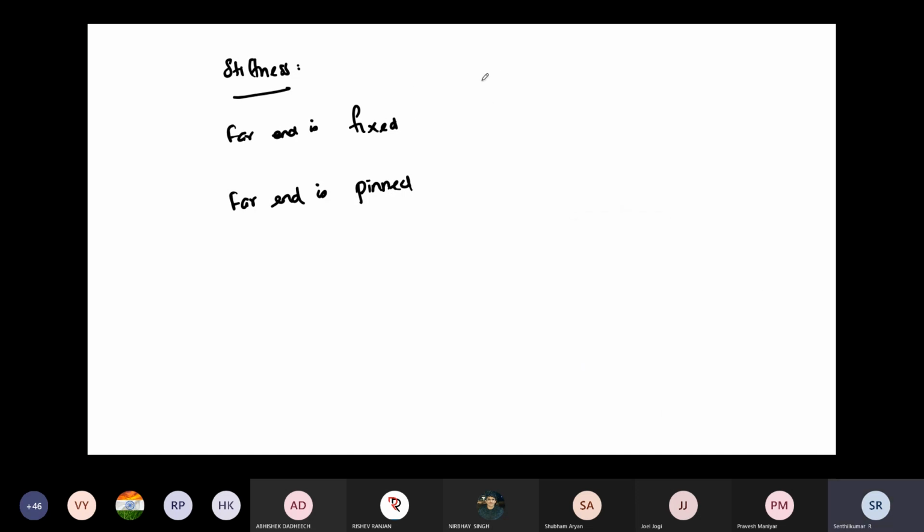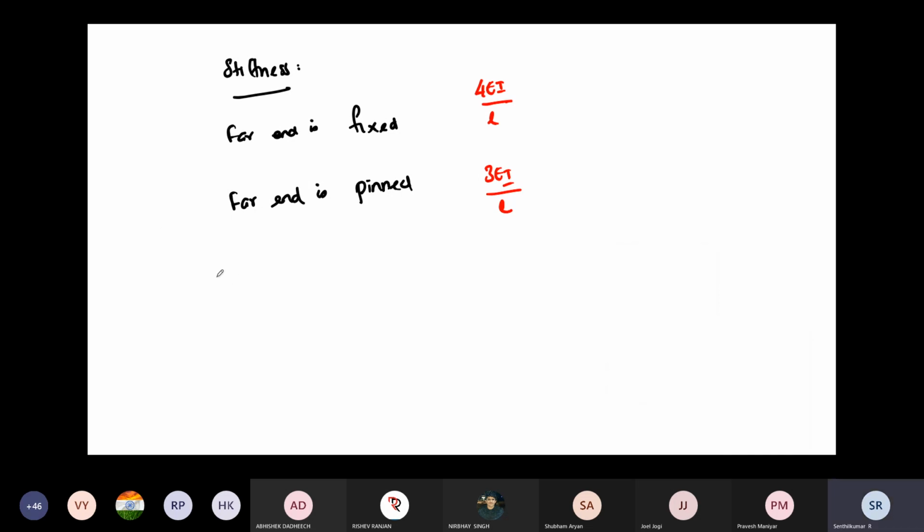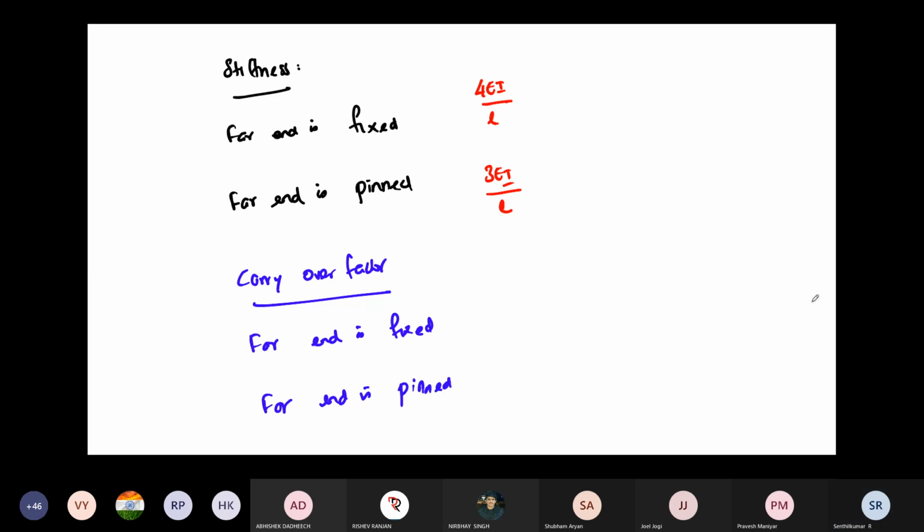Fixed, what is your stiffness? 4EI by L. Pinned, 3EI by L. Then carryover factor. How much moment you have to carry over? Far end fixed, then far end pinned. How much?